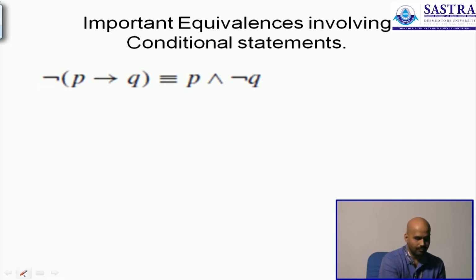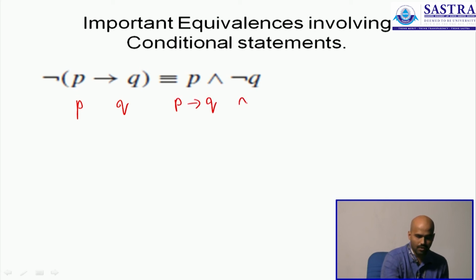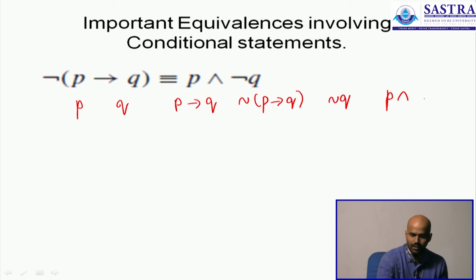And here, just like the previous one, we are showing equivalence between a conditional and a conjunction. It is not between 2 conditionals, we have already seen that. This talks about a conditional, the negated version of the conditional, and a plain conjunction.